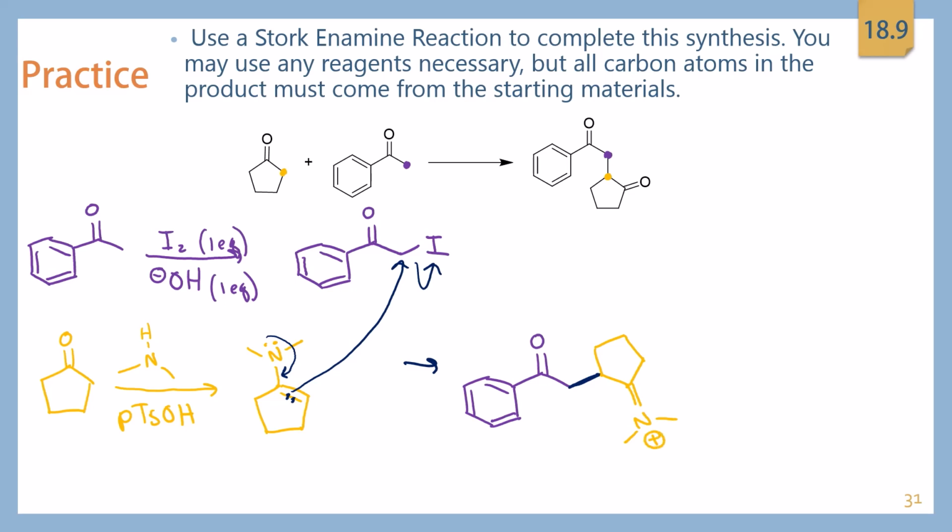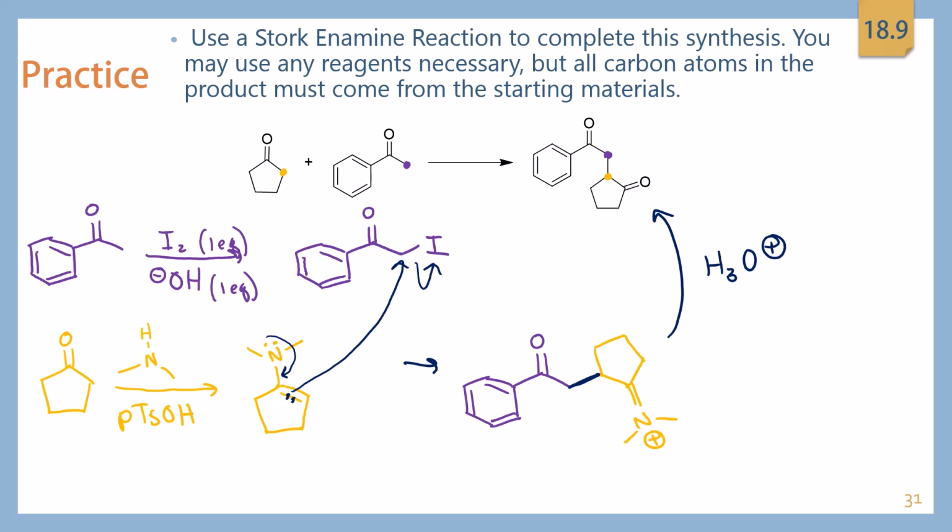And now I have an iminium ion. So if I want to get to my product, the only thing left for me to do here is to remove the iminium, to undo the enamine. And you might recall from a couple chapters ago, you can put an imine or enamine on, and then you can hydrolyze it back to the ketone.